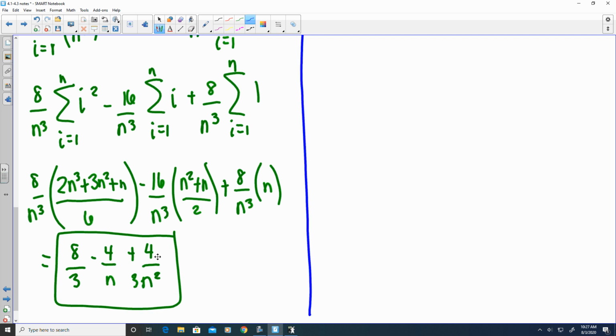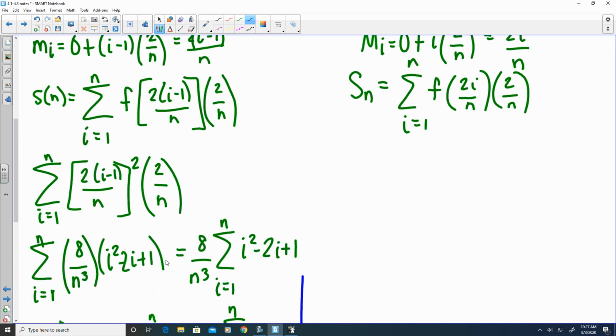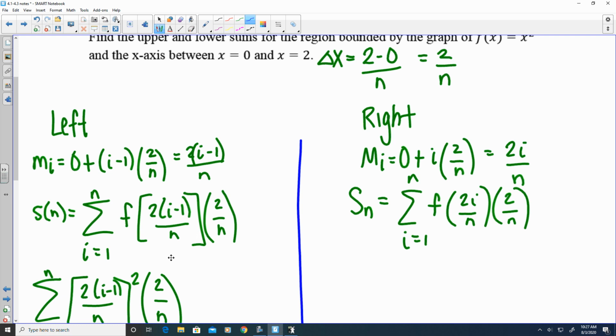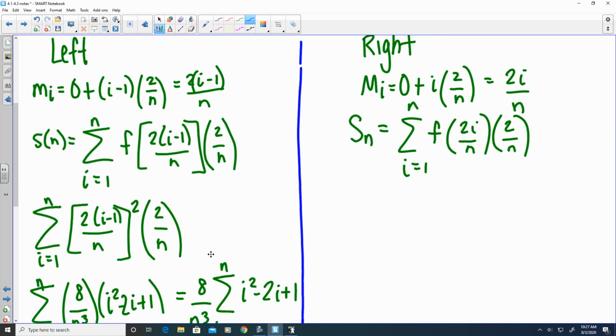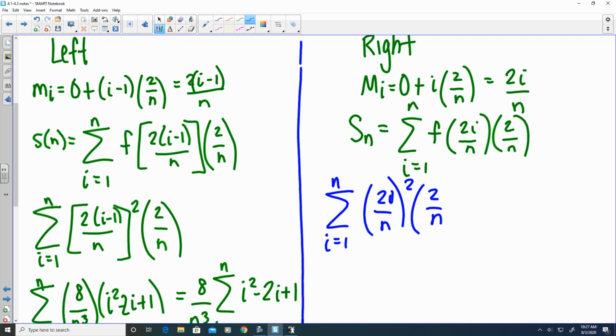Okay, now let's do the right sum. I'm going to plug the 2i over n into the function. So 2i over n, the whole thing squared, times 2 over n.